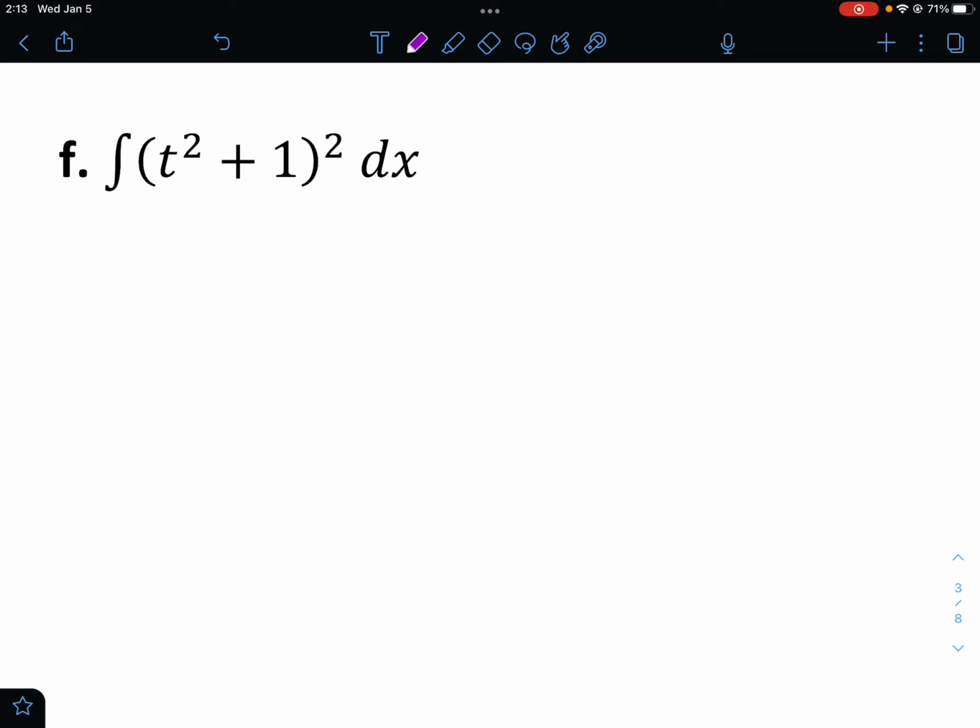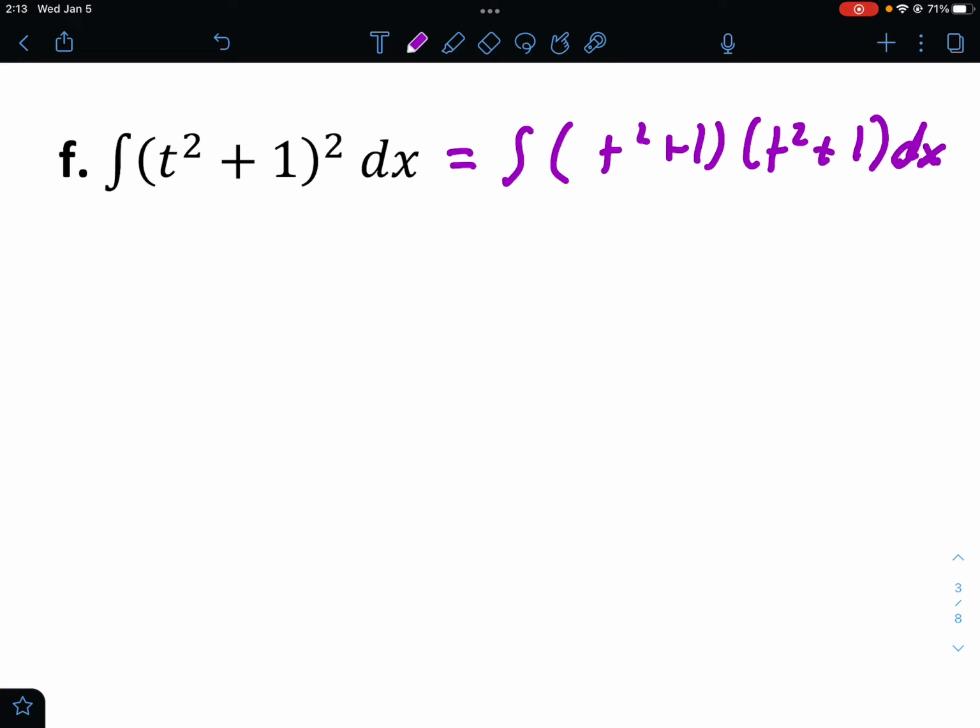Just like there's no product and quotient rule, there's also no chain rule. So we cannot take an antiderivative of something that looks like this either. But what we can do, again, is rewrite it. So we can rewrite this as t squared plus 1 times t squared plus 1. Now that does not actually help us.